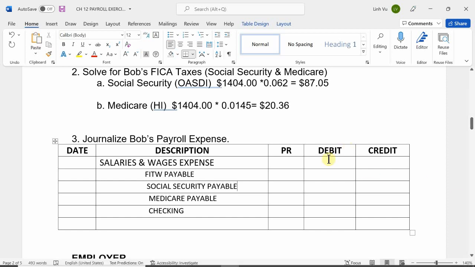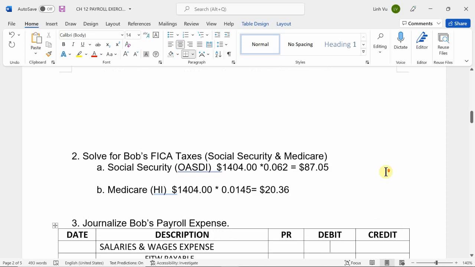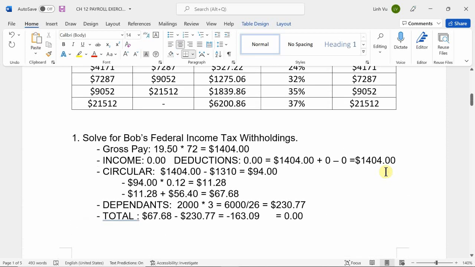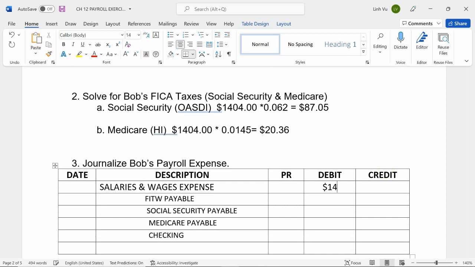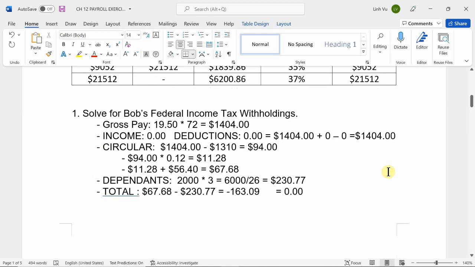Okay, how much did Bob earn? How much money did he make in grand total for gross pay? Yes, 1,404. Okay. How much federal income tax did we calculate here?